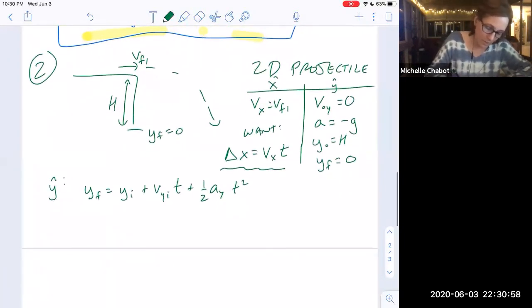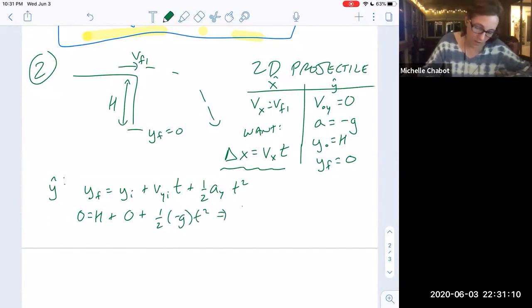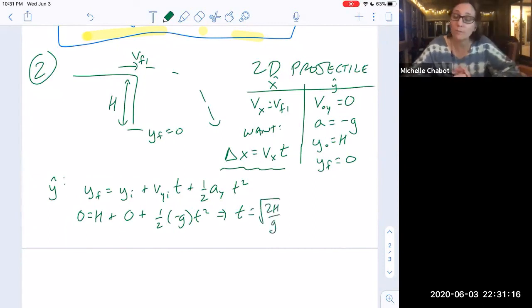Now I can plug these in: y final is equal to 0 is equal to h plus 0 plus 1/2 negative g t squared. That lets us know that t is equal to the square root of 2h over g. We use the same equation a lot when we do our 1D motion.